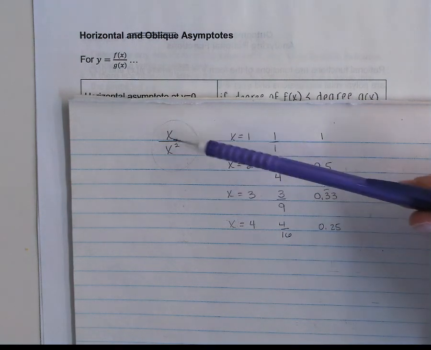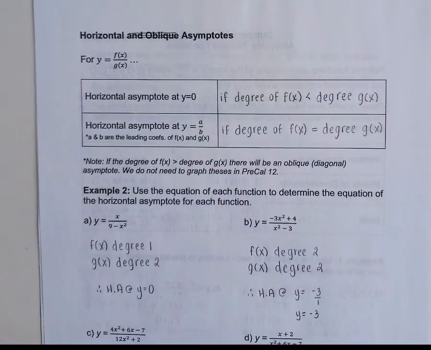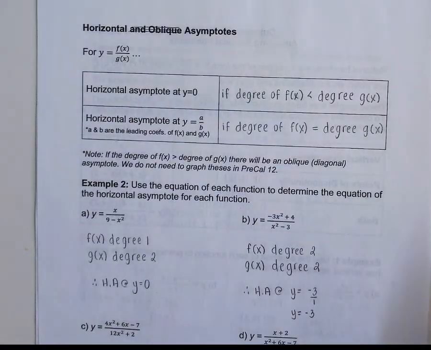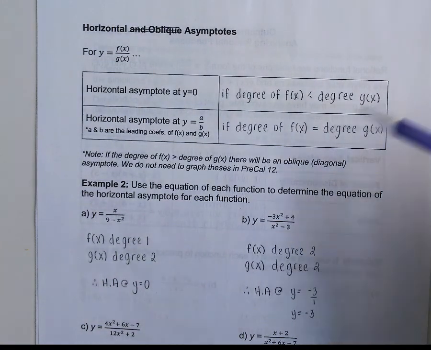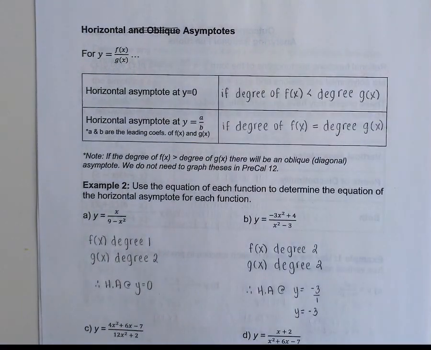If you put in something like 100 over 100 squared, you'll notice that this decimal is quite small. So what happens when the degree of the top is lower than the degree of the bottom is that you get a horizontal asymptote at y equals 0. That's because those y values are going to get smaller and smaller as x increases.